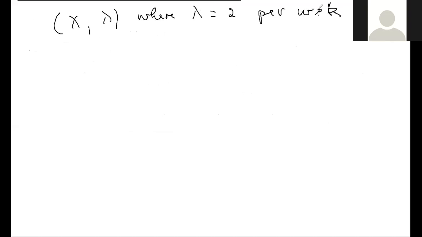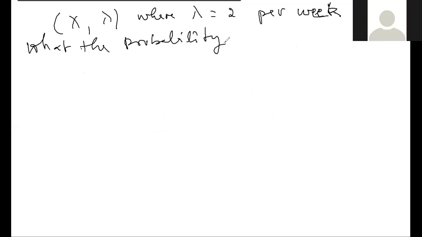So we have X Poisson lambda, where lambda equals 2 per week. What is the probability that we have less than 5 accidents? Calculate the probability that the number of accidents in a 4-week period is less than 5.